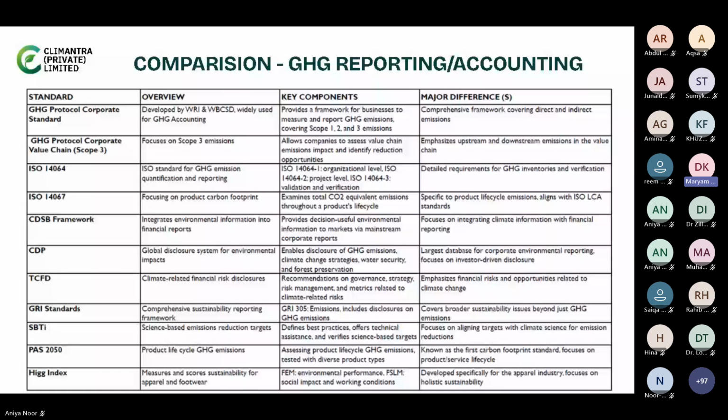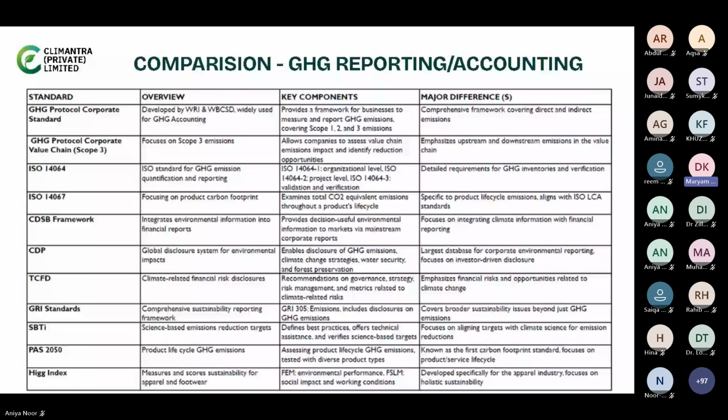Then there are the GRI standards, a comprehensive sustainability reporting framework that covers the main pillars of sustainability: environment, social, and economics. SBTi is science-based; it defines best practices, offers technical assistance, and verifies science-based targets.